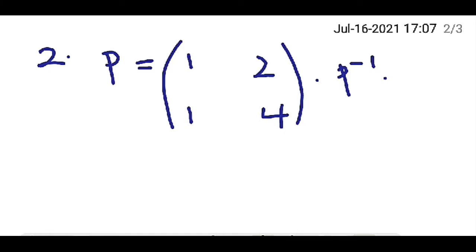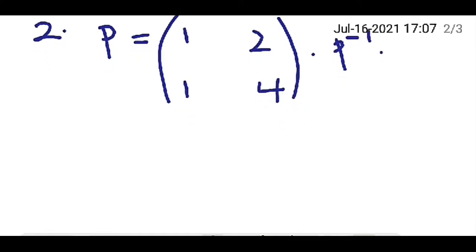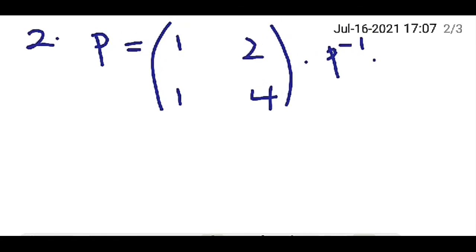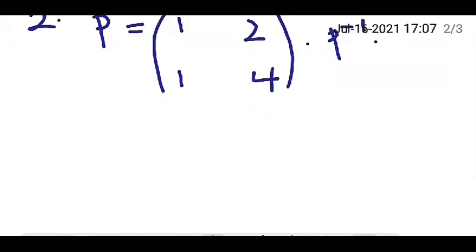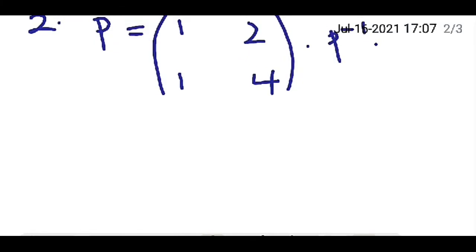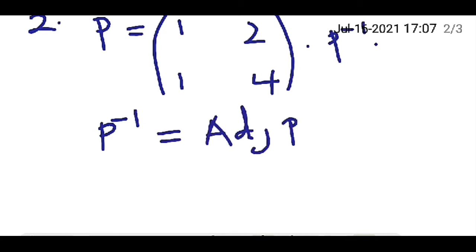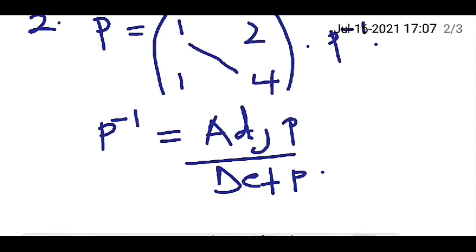Remember that the inverse of a matrix is given by a formula: P inverse equals the adjoint of P over the determinant of P. So you get the adjoint by interchanging the positions.